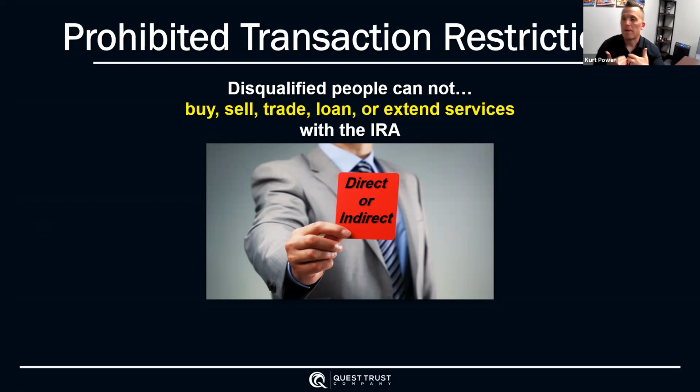I can't buy a house with my IRA in Austin, Texas for my kids going to University of Texas, they can't live in it. They're disqualified. They couldn't even live in the house if they had roommates that were paying the rent. Just because they're not paying the rent does not mean that they are not receiving a direct benefit from my IRA.